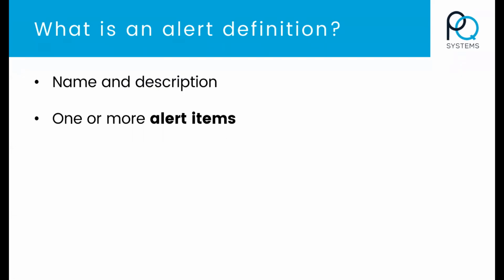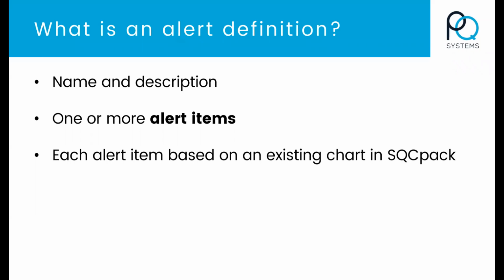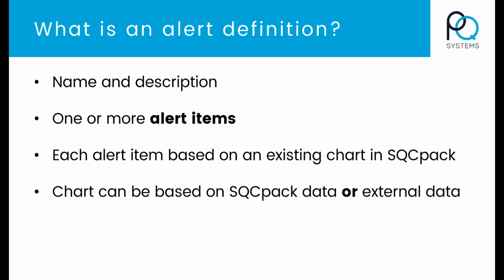Each alert definition has one or more alert items, and an alert item is really just a pointer to some chart that is in SQCpack. So SQCpack has charts, and they can be looking at data that's being put into SQCpack, or they can be looking at data that's arriving in some external data source, such as SQL Server or Excel.